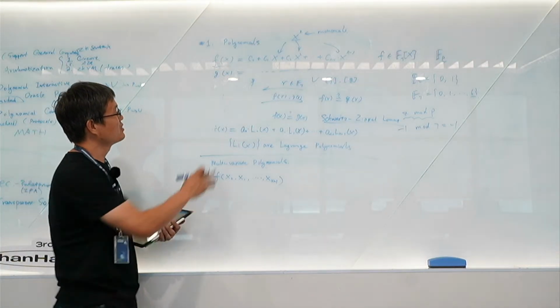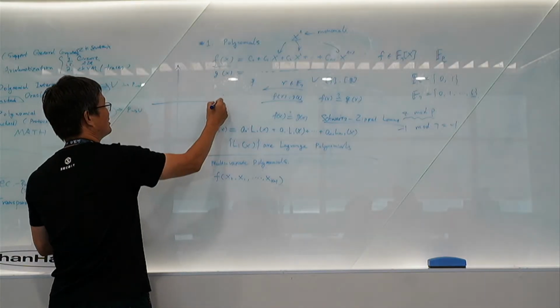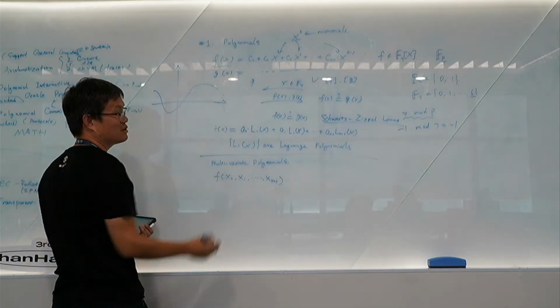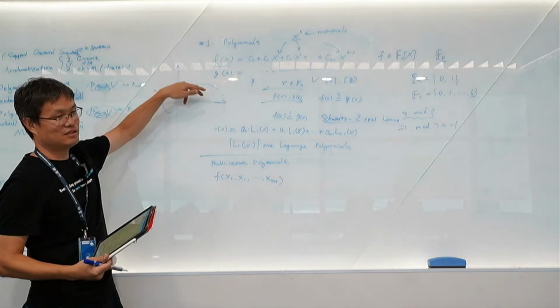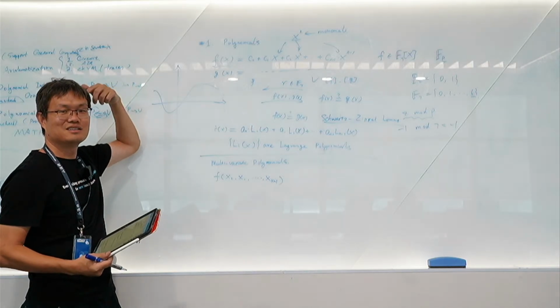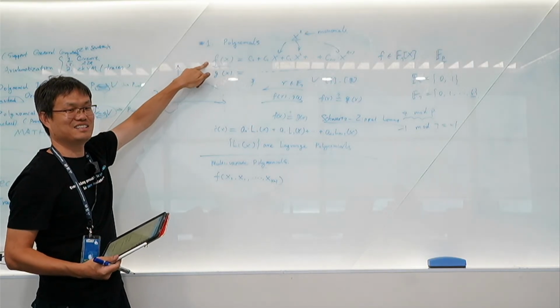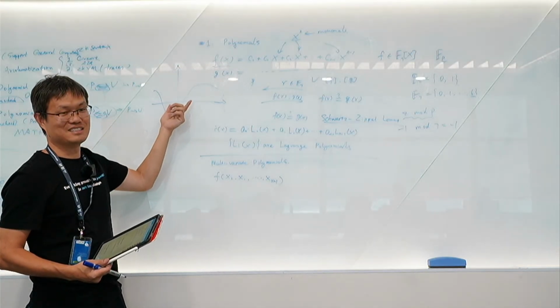For a univariate polynomial in high school, we can imagine that for each polynomial we actually have a curve. You can imagine the curve in your head to understand what a polynomial is, right? It has a geometric correspondence.